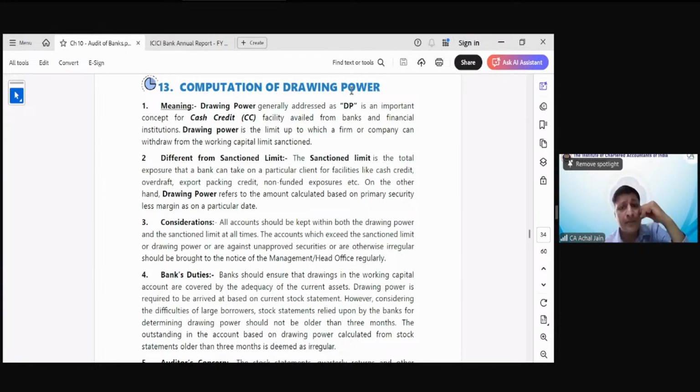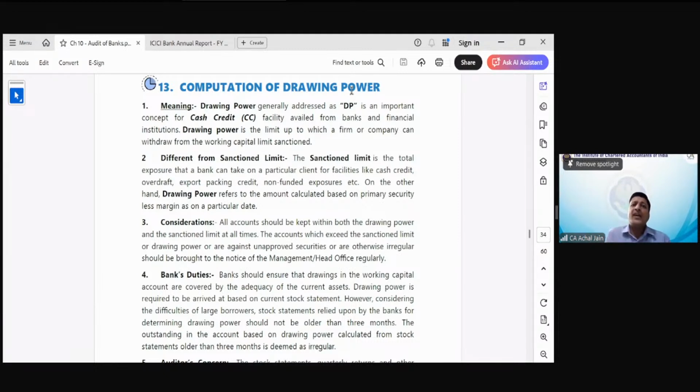So for example, say a firm has taken a cash credit limit or a facility, let's suppose for 20 crore. Let's suppose that's the sanctioned limit. Now, this limit is available to the firm, but there could be a capping on the amount which the firm can withdraw.